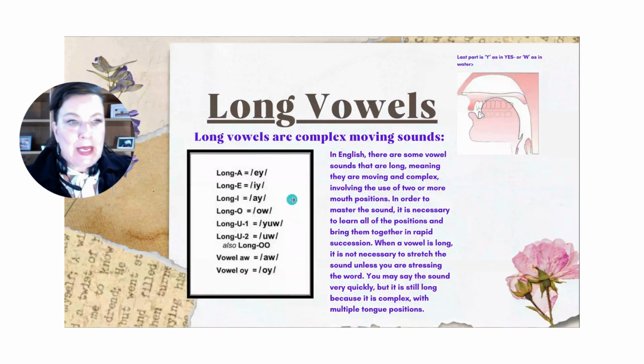So before we get into the practice, let's remember what it means to have a long vowel sound versus a short vowel. The short vowels are simple. They have one mouth position and one sound. The long vowels are complex. They're actually moving sounds. They start in one position, and the closing sound of this vowel is essential to get this vowel sound correct.